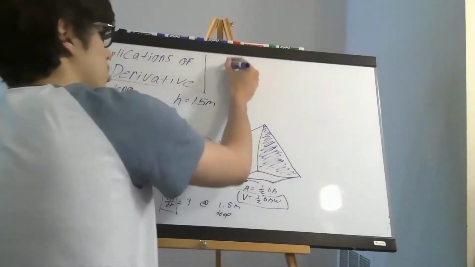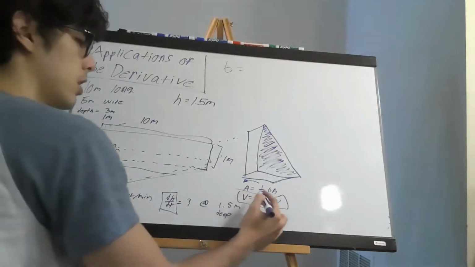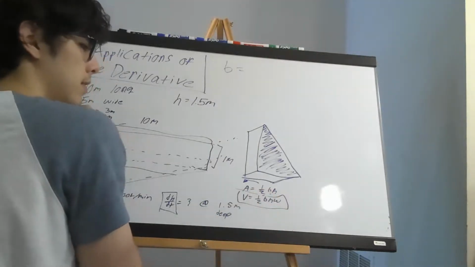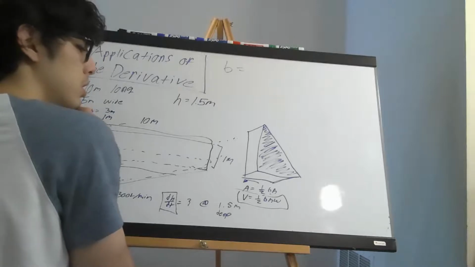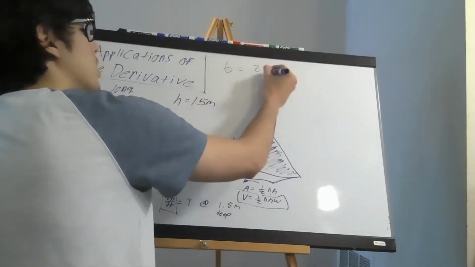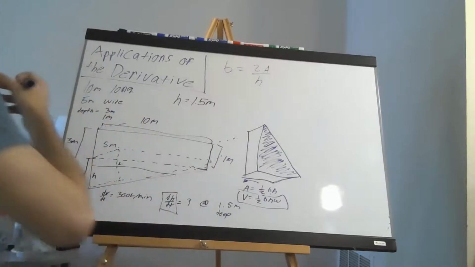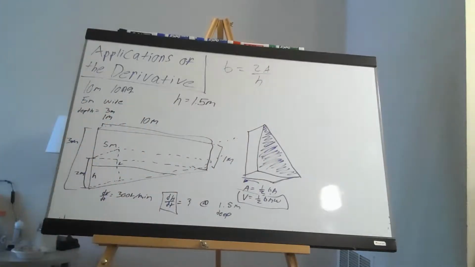Then we're going to get b equals, divide by 1/2 times h, so 2A over h. So the question is, does that help us? Because we want to get it down to dh/dt. So we want to differentiate and get the derivative of h. And we can use h as a constant.